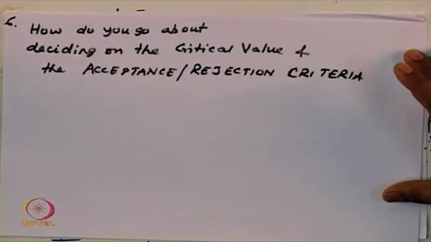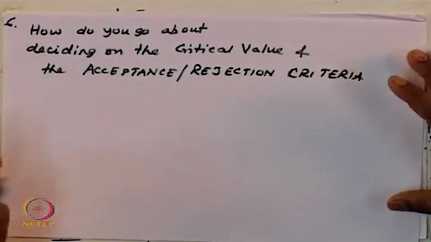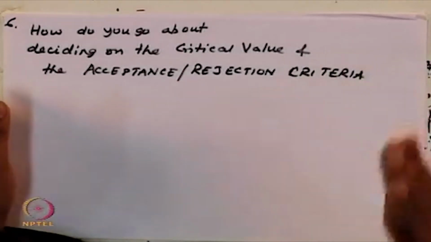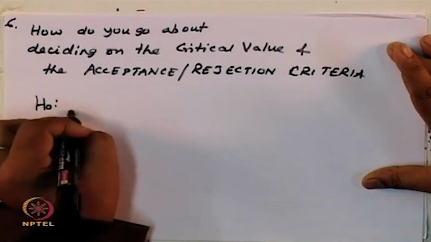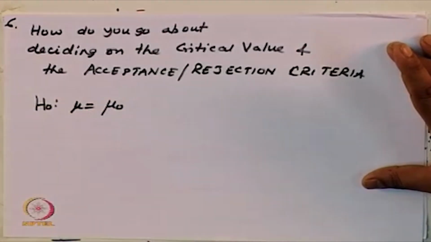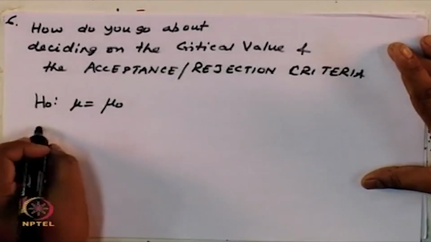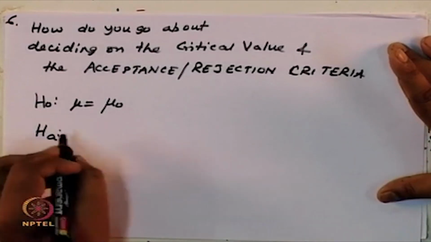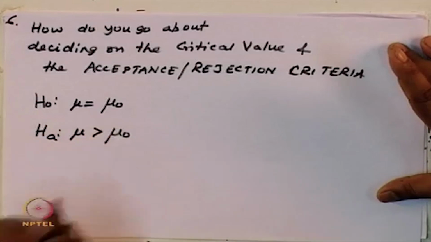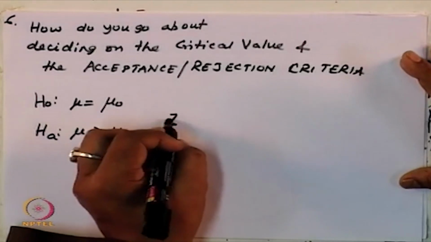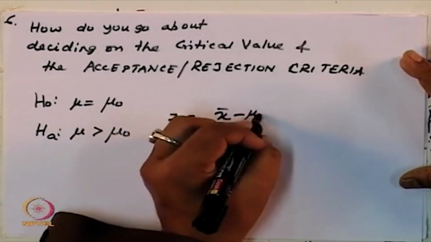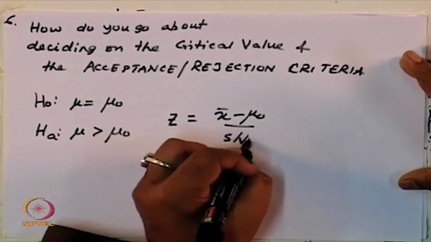As one would expect, this depends on how much certainty we want to have in our assertion. So, let us take a sample case. Let us take again H naught as mu equal to mu naught, and we take H A as mu greater than mu naught. So, I would go about by calculating the test statistic Z given by x bar minus mu naught divided by S by root of n.